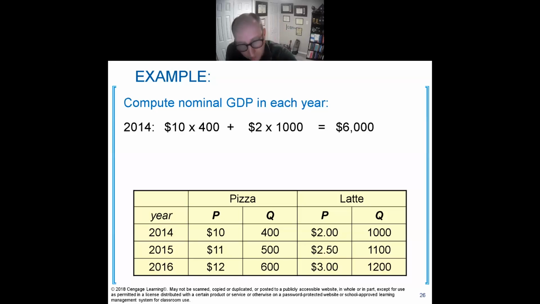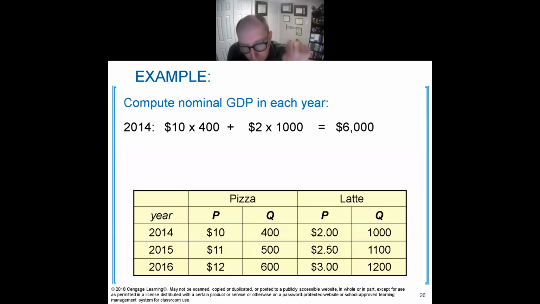We've got pizza and we've got lattes. Pizza, $10 per pizza at 400 pizzas, plus $2 lattes, 1,000 lattes. That's a lot. But the nominal GDP for 2014 is 6,000.